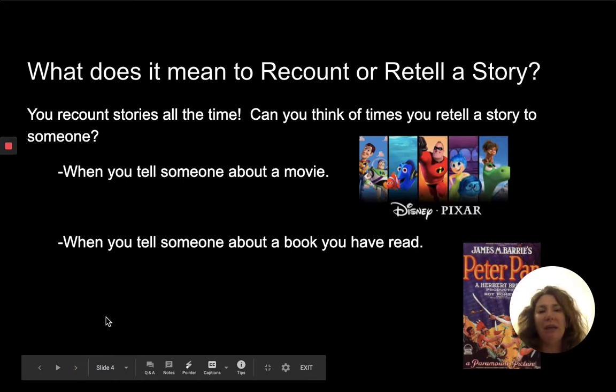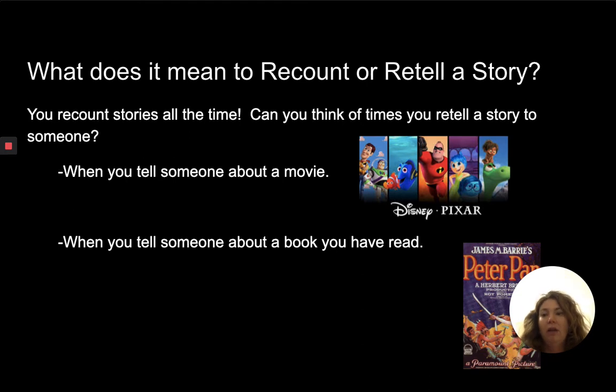What does it mean to recount or retell a story? Well, you recount stories all the time, I bet. Can you think of times you retell a story to someone? Think about that for a minute. I bet you do it almost every day. You may retell what happened in a movie or in your favorite show, or maybe even what happened at home.